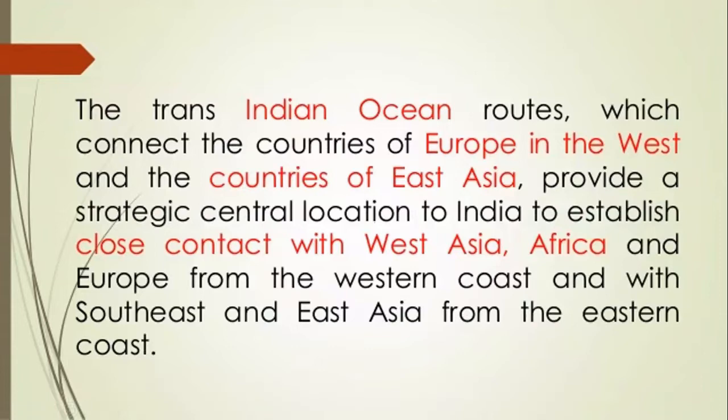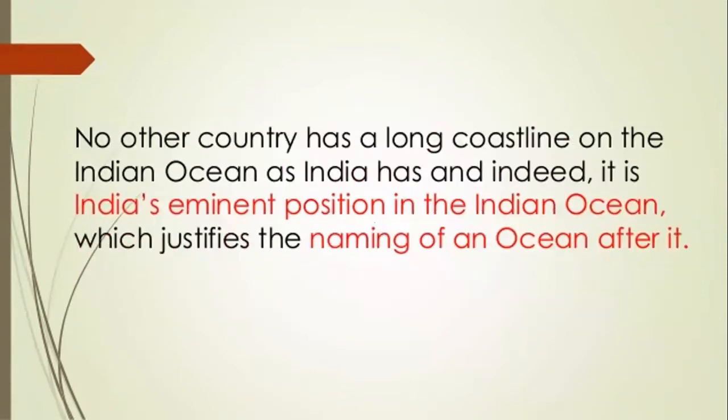So we saw that the Trans-Indian Ocean route, this is the route that connects countries of Europe in the west and the countries of East Asia with India, and they also provide a strategic central location to India, which helps India to establish close contact with West Asia, Africa, and Europe from the western coast, and Southeast and East Asia from the eastern coast.